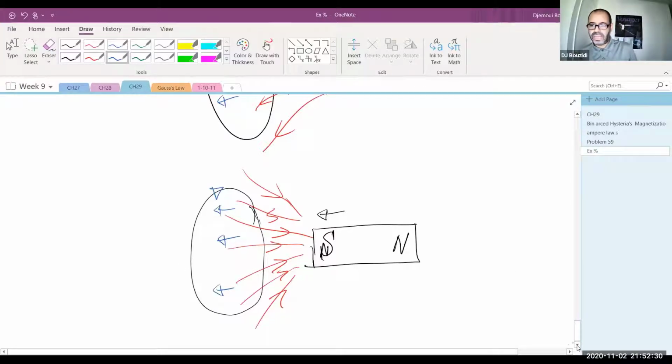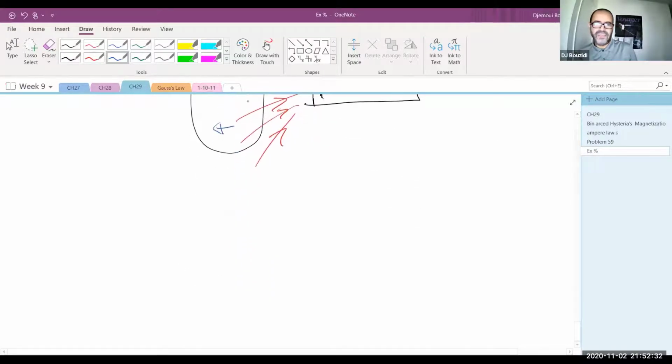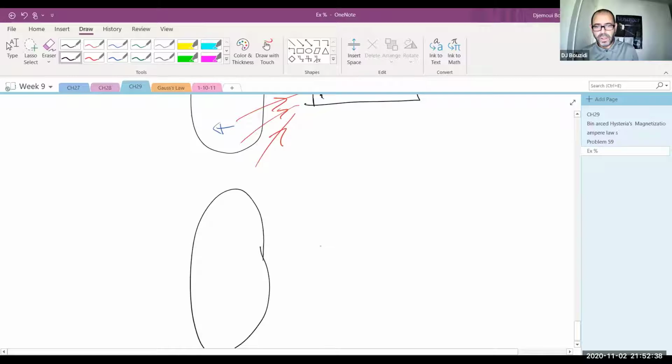Okay, now here is the last situation. If you have a magnet, again, we're going to go with the same situation of a wire with no charge in it, with no battery in it, and I have a south pole this way and a north pole this way. And now the wire is moving in this direction.